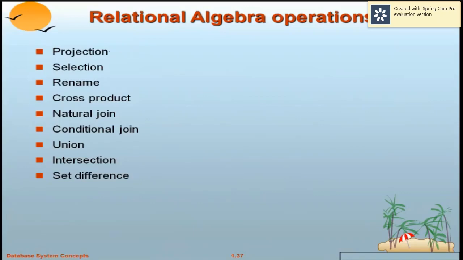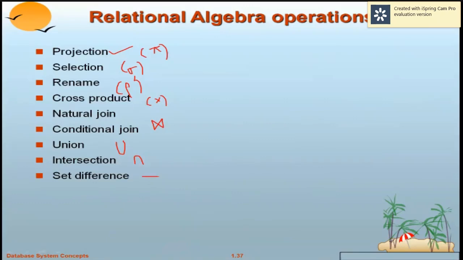The first one is the projection operator, which I indicate with the symbol pi, and the selection operator, which I indicate with sigma, the rename operator, which I indicate with rho, yes, rho, and then the cross product, and the name itself says you're going to mention it with x, and joins, all the joins are indicated this way. The union operator is indicated by U, the intersection operator by inverse U, and set difference by the minus sign.